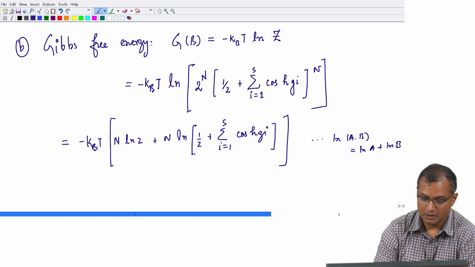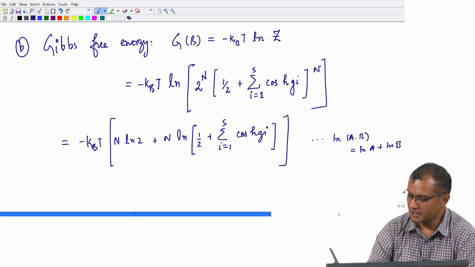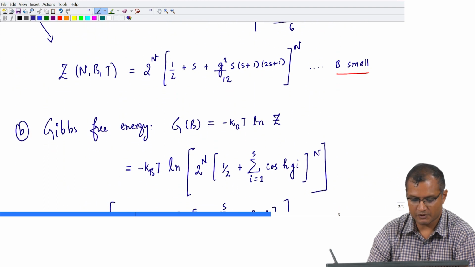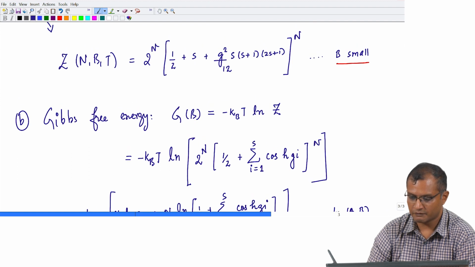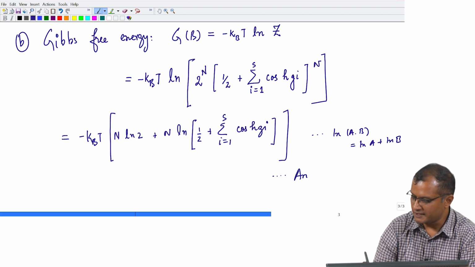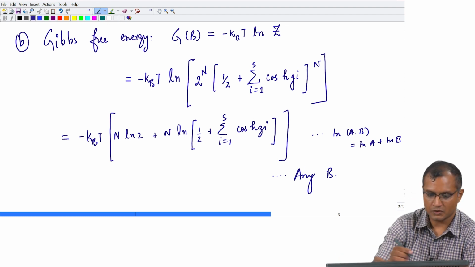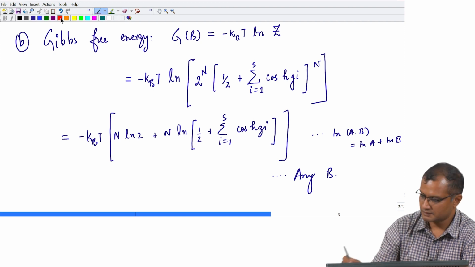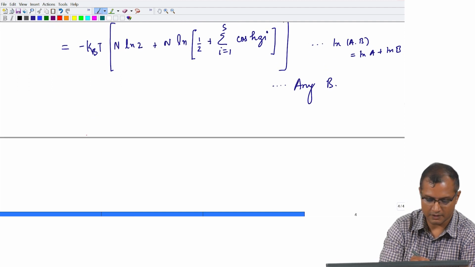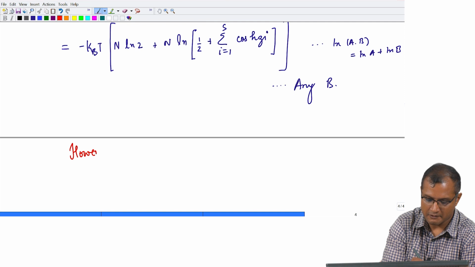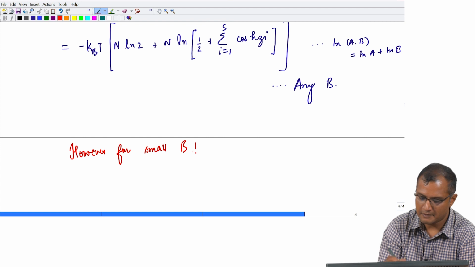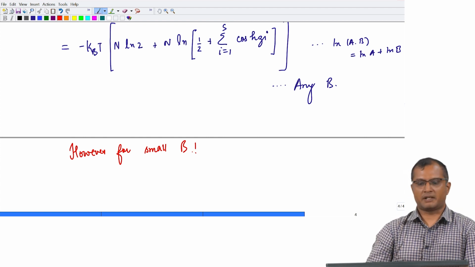Okay. So now you can already do a few things. You can now use the approximation for the Gibbs free energy that we have worked out, the approximation of the partition function that we have worked out. So this was for any field. In the small b approximation, we have a ready made approximation for the partition function.